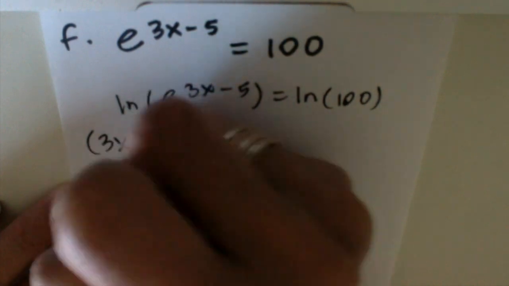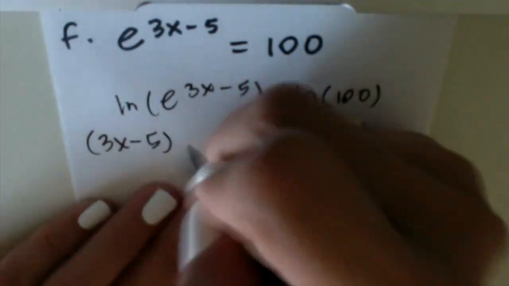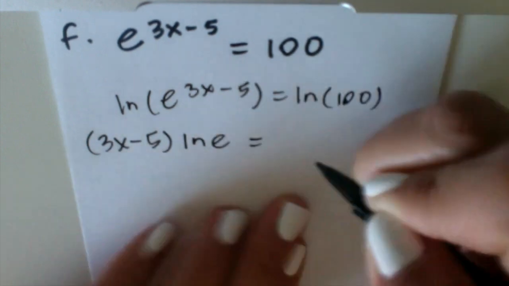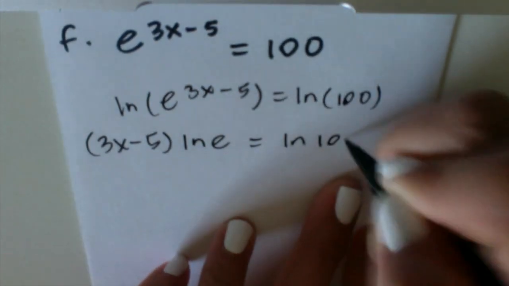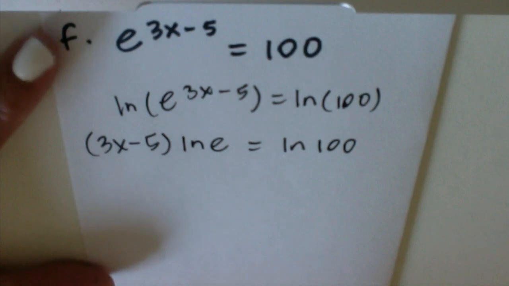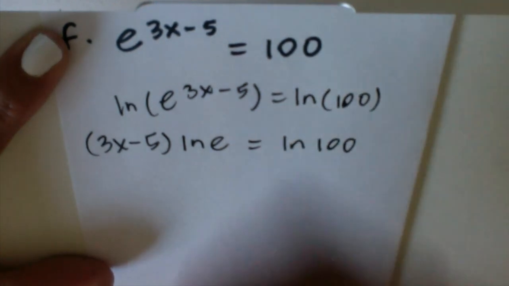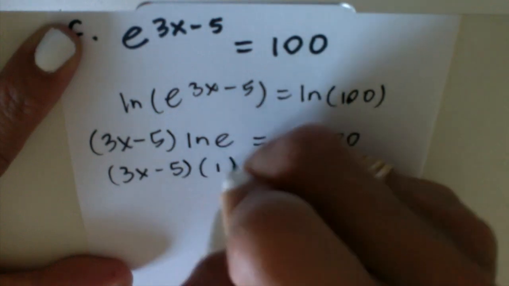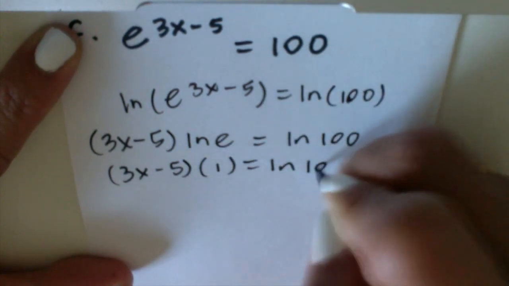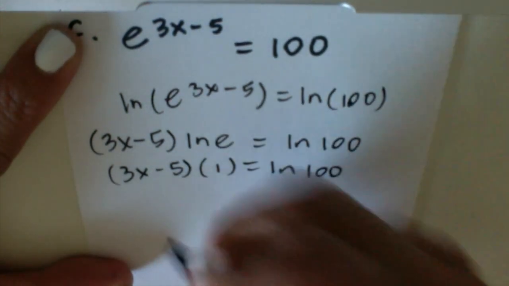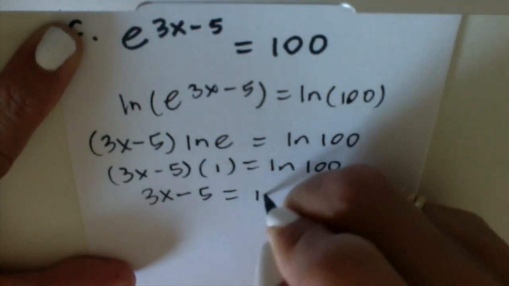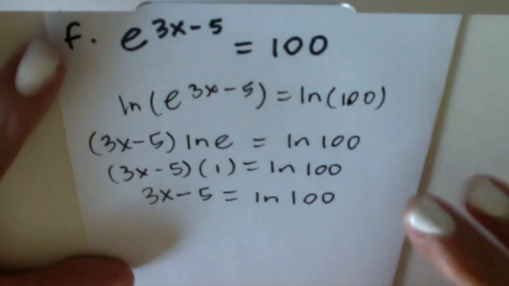Because there's two terms in that exponent, I'm going to put parentheses around it and just leave it quantity times ln of e. So now we have ln of e is 1. Anything times 1 is just itself, so you just have 3x minus 5 equals natural log of 100.